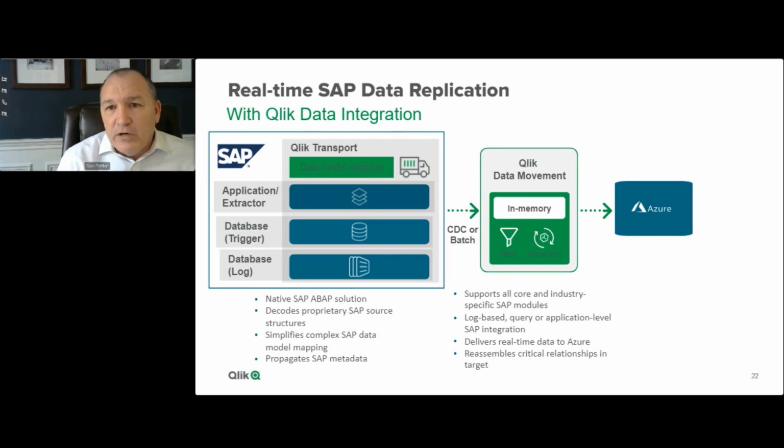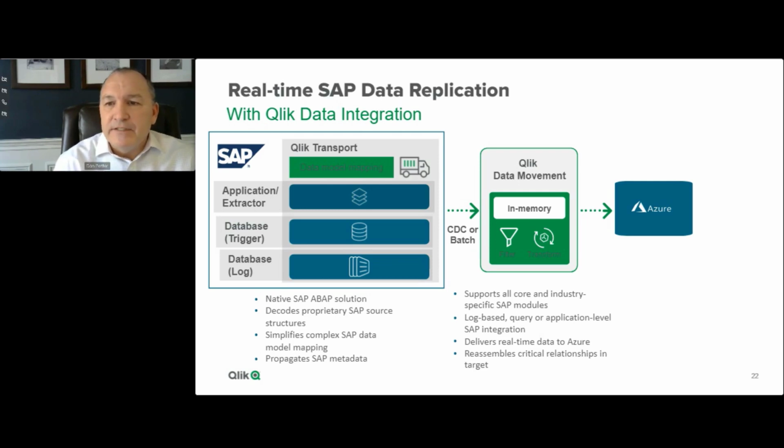And that's the second part of what we're going to show you. But this first part is all around data movement. How do we move this as fast and as efficiently as possible? Because speed matters, particularly when you're doing things like real-time supply chain, logistics, customer 360. The more you can have fast, fresh information, the better your insights, the faster that you can react. So this is about the movement piece.